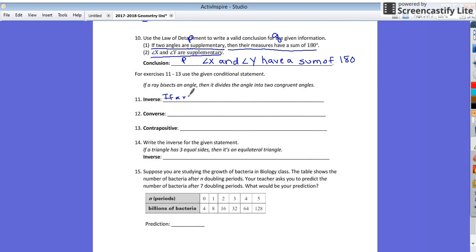So if a ray does not bisect an angle, then it does not divide the angle into two congruent angles.